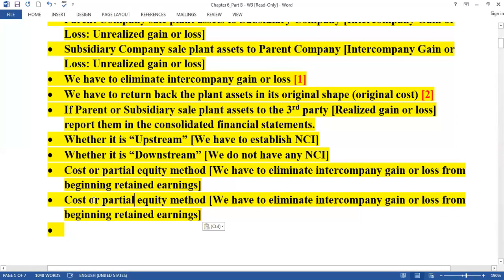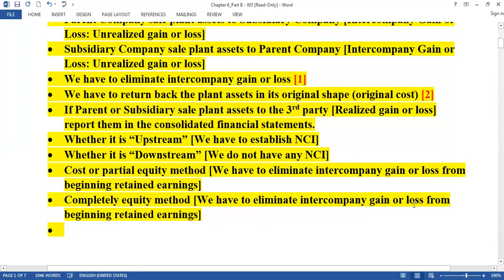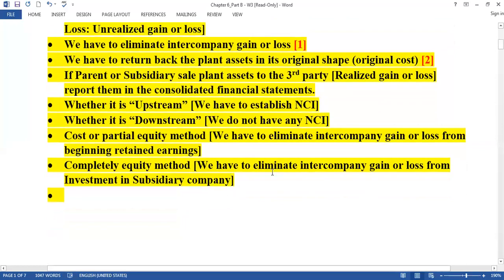If it is the complete equity method, we have to adjust or eliminate intercompany gain or loss from the investment in subsidiary account, because if it is the complete equity method, we adjust every gain or loss with one account, called the investment in subsidiary account.